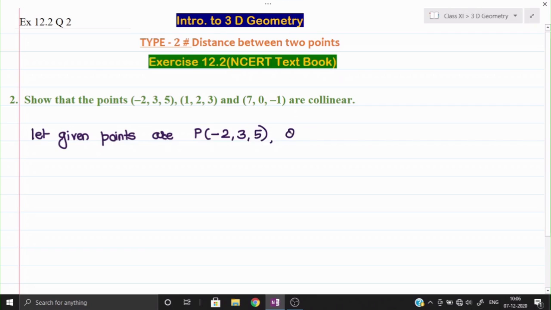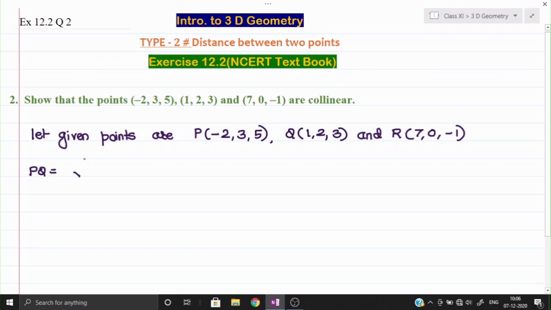Second I am supposing Q, 1, 2, 3, and R, that is 7, 0, minus 1. So one by one I am finding all three values. First I am finding the value of PQ, then QR and then PR. So first we shall find out the value of PQ.